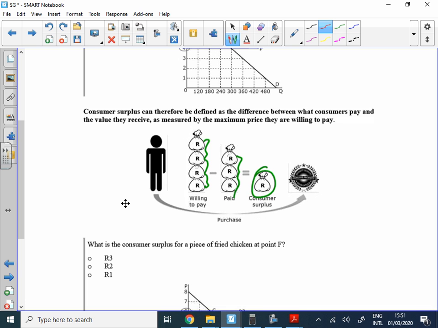It says consumer surplus can be defined as the difference between what consumers pay and the value they receive as measured by the maximum price they are willing to pay. So those are the working definitions that you can use. But at times, if you need to interpret it, it wouldn't be put like this. You'd have to say it's below the demand curve and above the price. That's another way that we can explain that.